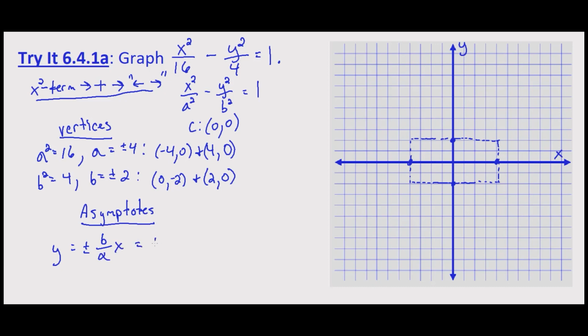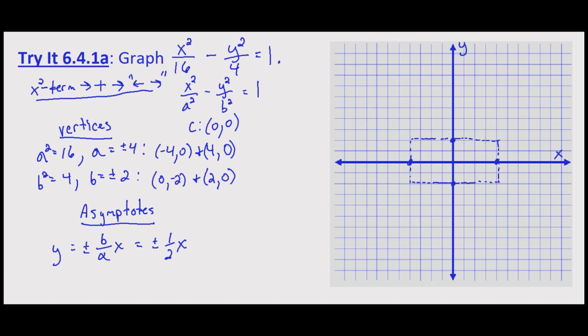So that equals plus or minus 2 over 4 x, which is 1/2 x. Is that what our box forms? We've got 4 over and 2 up, so a rise over run of 2 over 4, or 1/2, and it goes through the origin. So yes, that checks out.